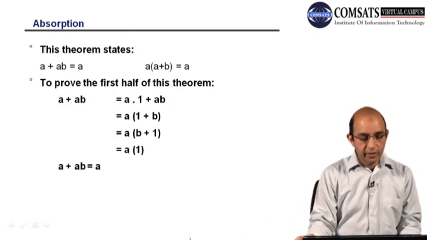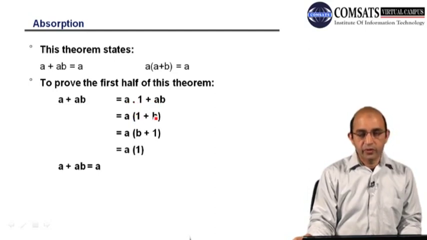If we have A, right, plus AB, we can replace it with A, simple A, right? So you can solve it, right? So this A, if you multiply this A with 1, it will not make any difference, so you will take A common.